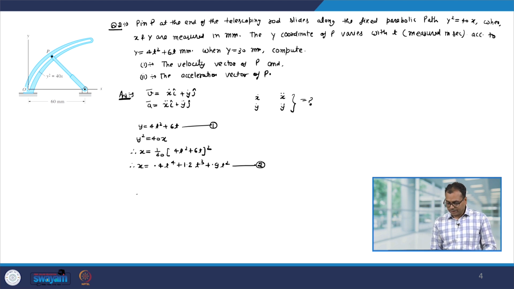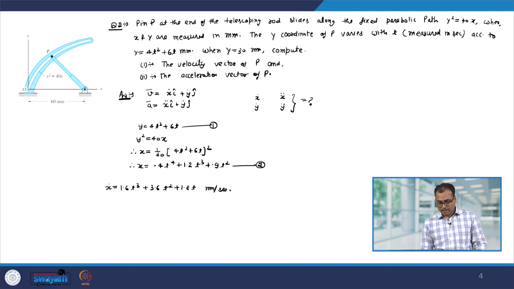So, I can easily find out the x dot. X dot is 1.6 t to the power 3 plus 3.6 t square plus 1.8 t millimeter per second. Now, to find out the value of x dot, I should also know what is t, at what instant I am calculating the x dot. So, it is given that you have to find out when y is equal to 30.